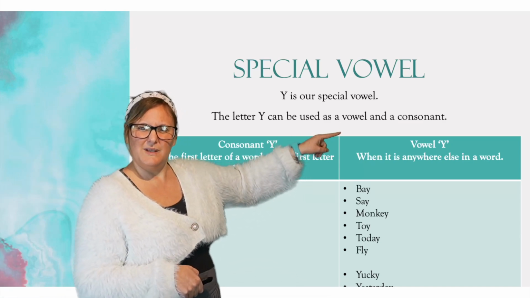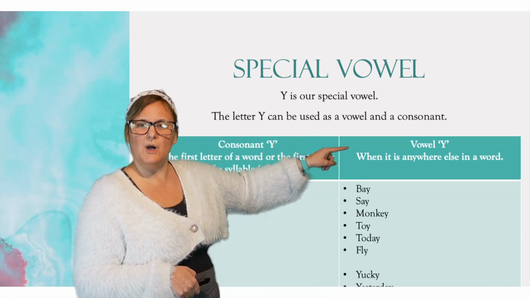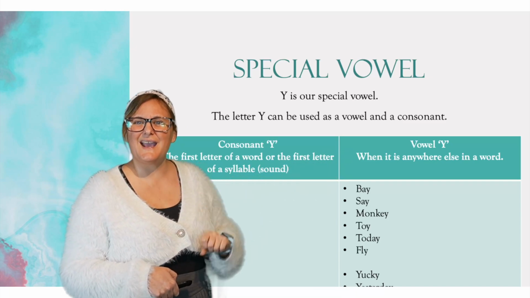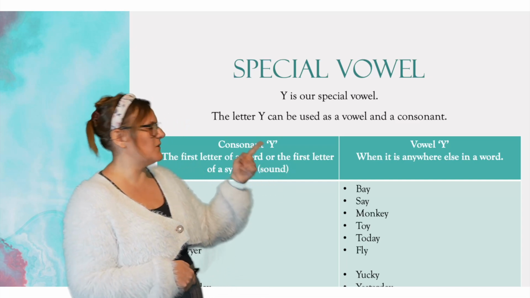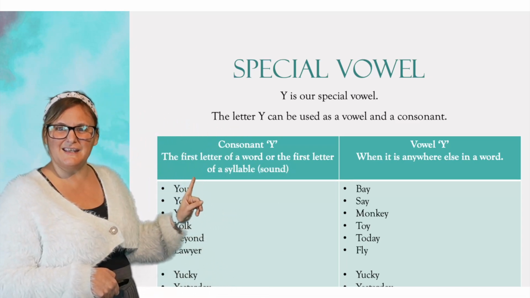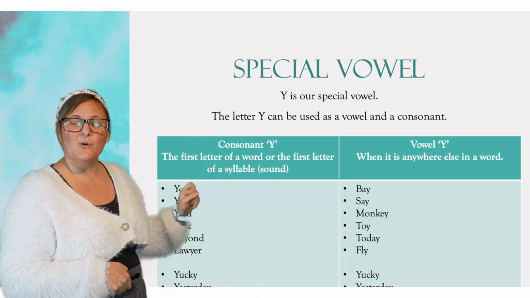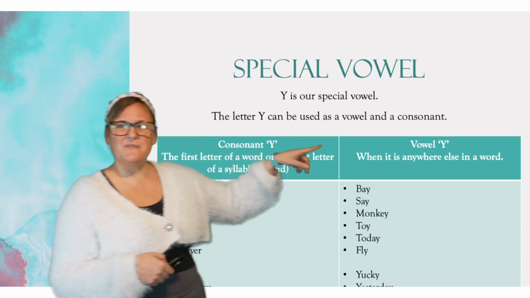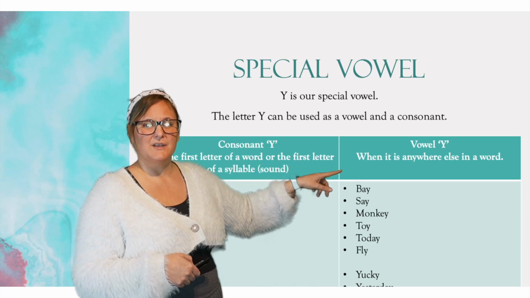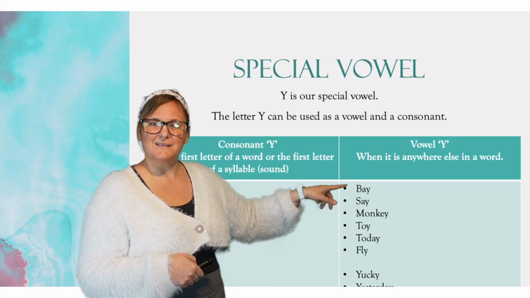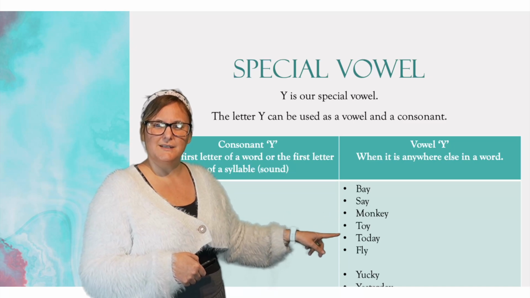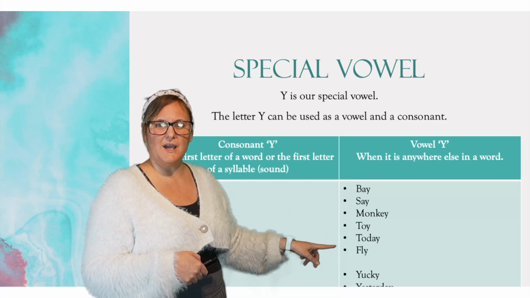Then we have our vowel Y, and this is where it is anywhere else in a word. So if it's not at the beginning of a word or the first letter of a syllable, it is a vowel Y. So bay, say, monkey, toy, today, fly.